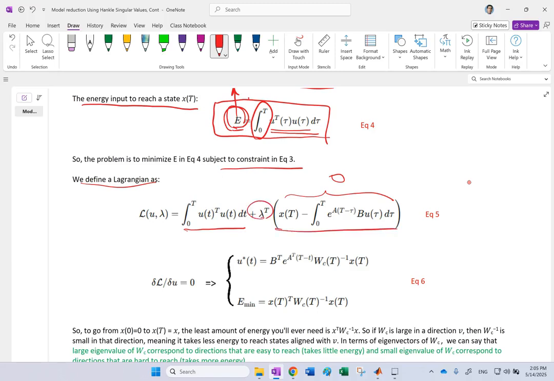So this is my constraint, this is my function. Added together, I get this kind of augmented function. And now all I need is to take the partial derivative of this Lagrangian with respect to the input U and set it to 0. If I do that and do some algebra, and you can do the rest of the algebra, I don't want to do all of it here, you can find that the signal U that minimizes my energy is going to be this, and the minimum energy I need is going to be this.